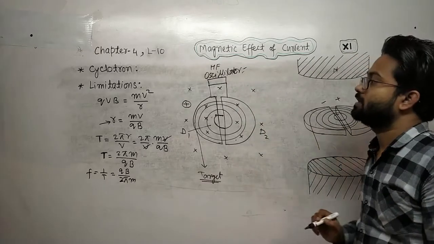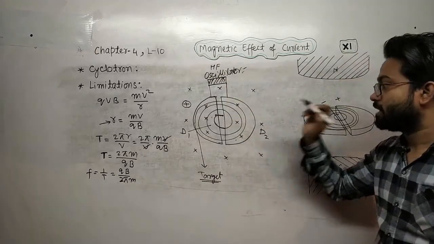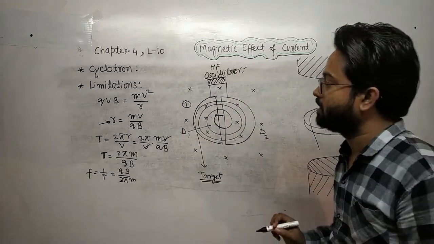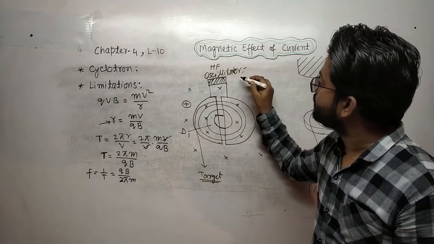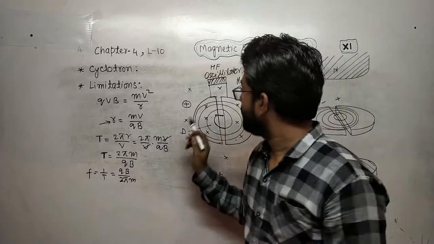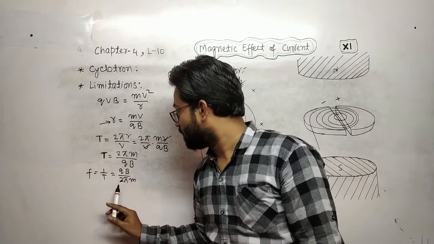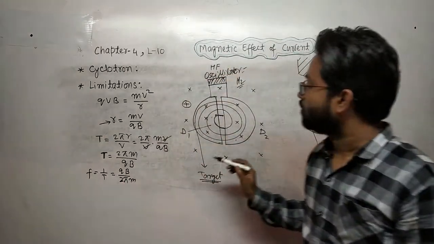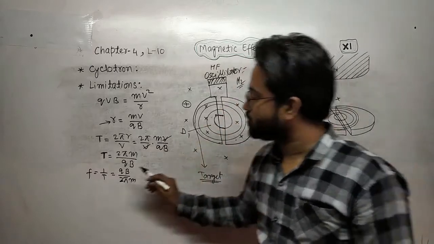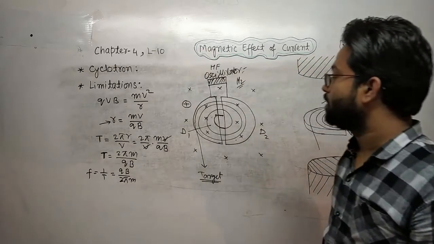The high frequency oscillator will change the polarity of the disk. And the frequency of that oscillator should be qB upon 2 pi m. Okay, the frequency of the oscillator should be equal to qB upon 2 pi m. Hope you are getting it.